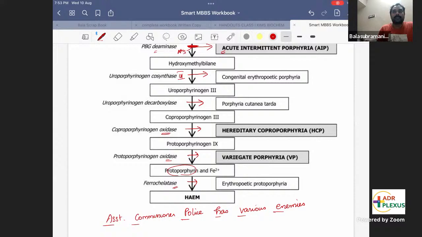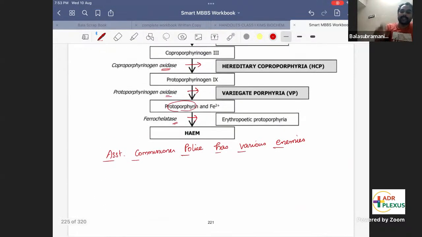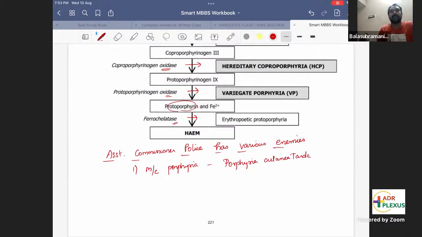So now, very rarely they will ask you which enzyme is connected to where. But what they are going to ask you is this: which is the most common porphyria of all? MCQ number 1. That is porphyria cutanea tarda. That is the most common porphyria of all.